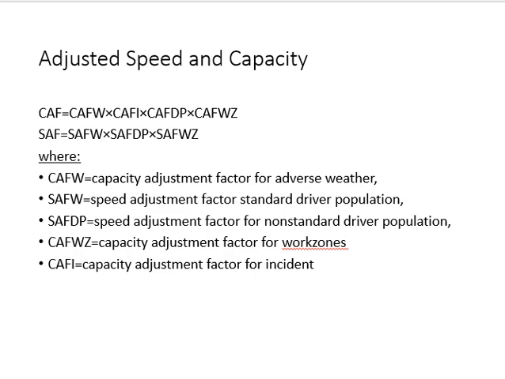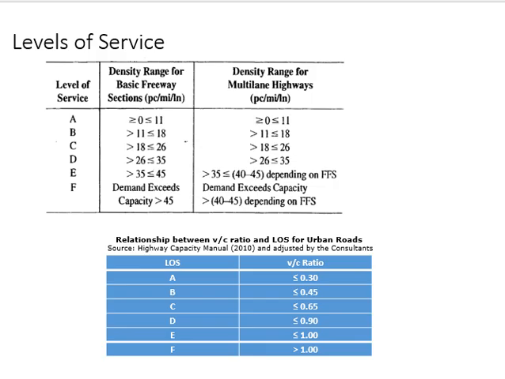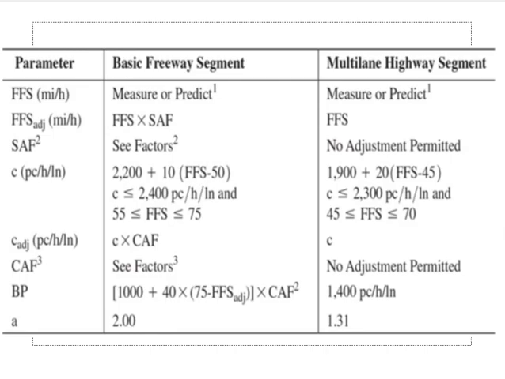Okay, so I said there are factors which are mentioned in this table. SAF and CF. So now you have the picture of how to draw the graph. Before you start using free flow speed and capacity, you have to see if any adjustment is required on these values.